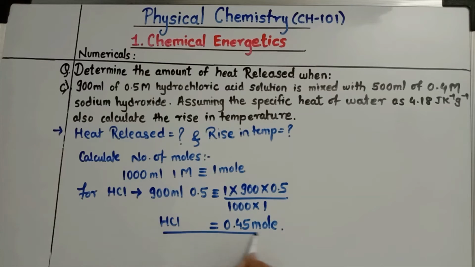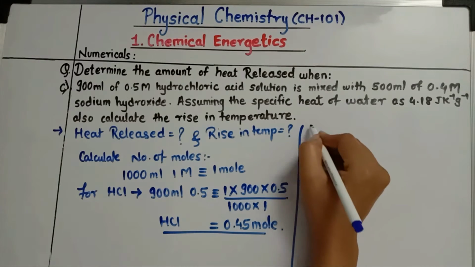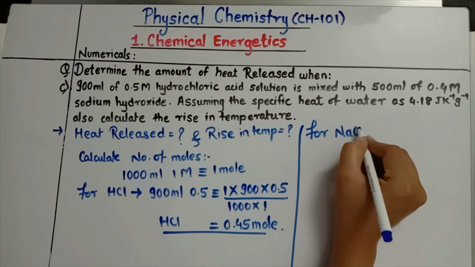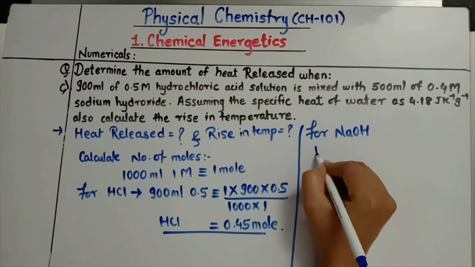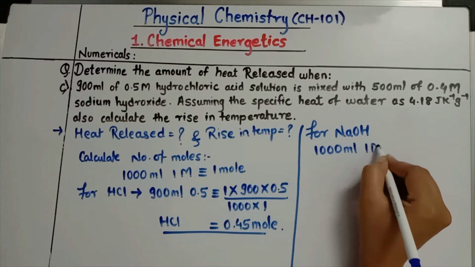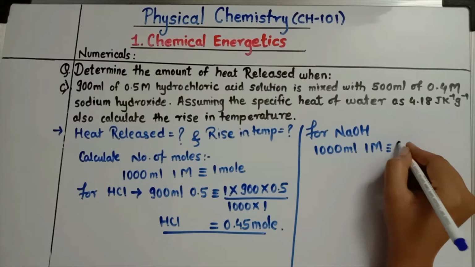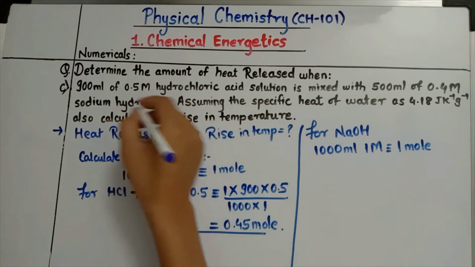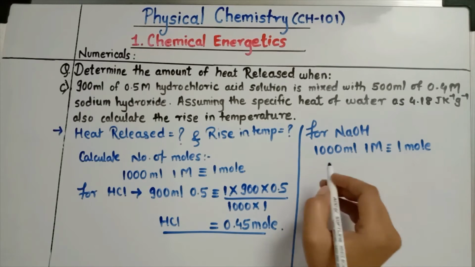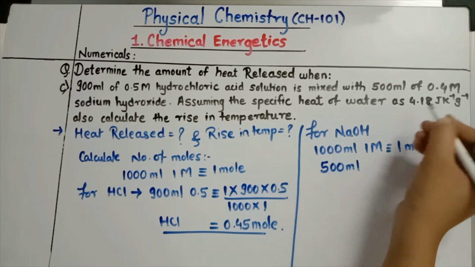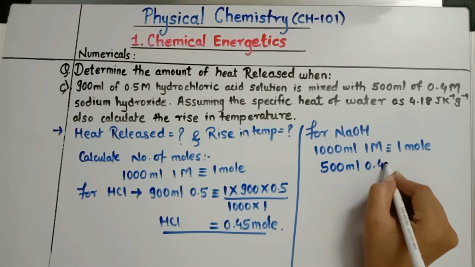Now we will calculate for NaOH. For NaOH, again we will write 1000 ml of 1 molar is equivalent to 1 mole. How much quantity is given to us? It is 500 ml and 0.4 molar.